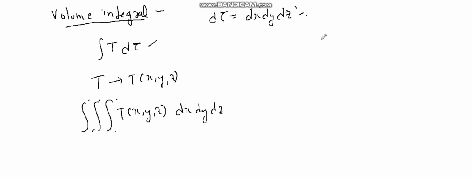Now, suppose, what is its physical implementation? Let's say we have this distribution of mass, right? And of course that distribution may not be a uniform distribution, so some points of this distribution may have more mass, and some may have very low mass. So we can define this distribution through a function, let's say rho, which is a function of x, y and z.